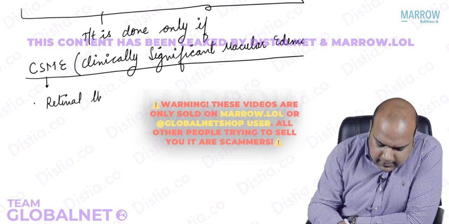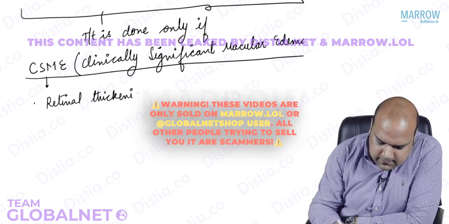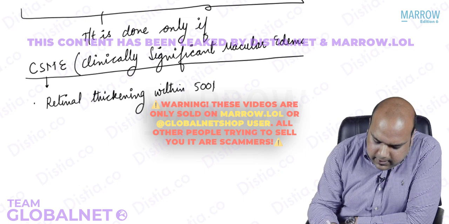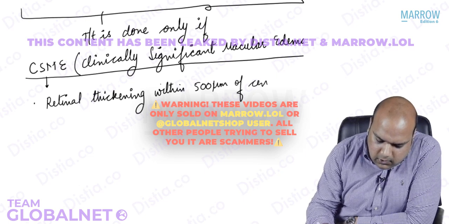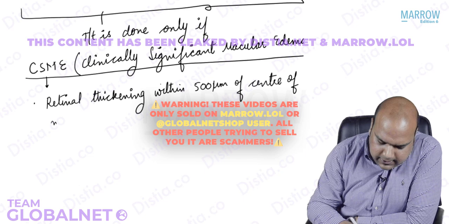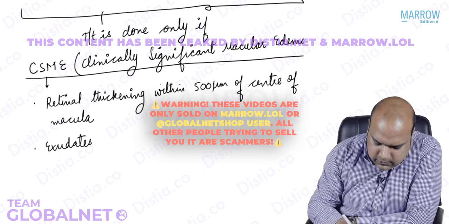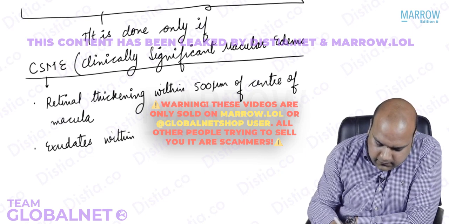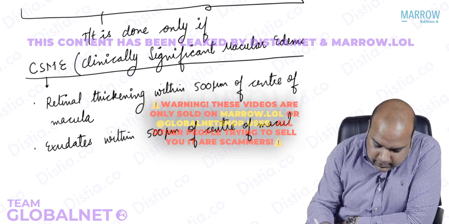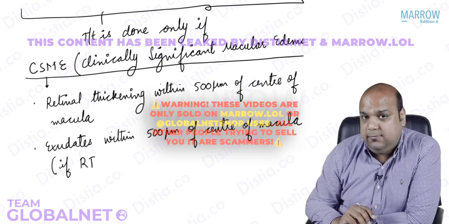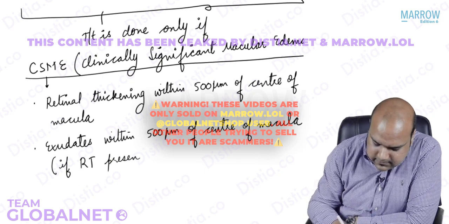Retinal thickening. Due to edema, thickness will increase within 500 microns of center of macula, or exudates within 500 micron of center of macula, but if retinal thickening, I am writing RT, present anywhere.